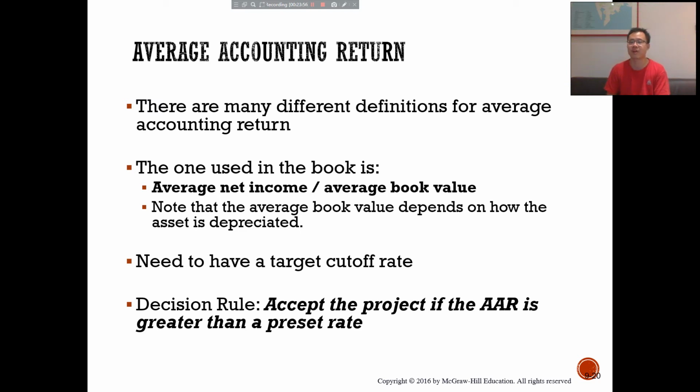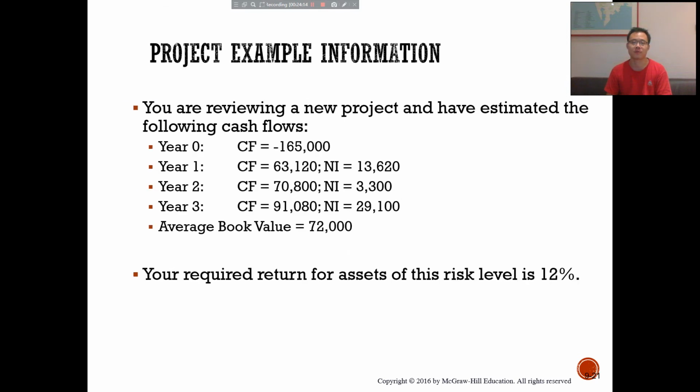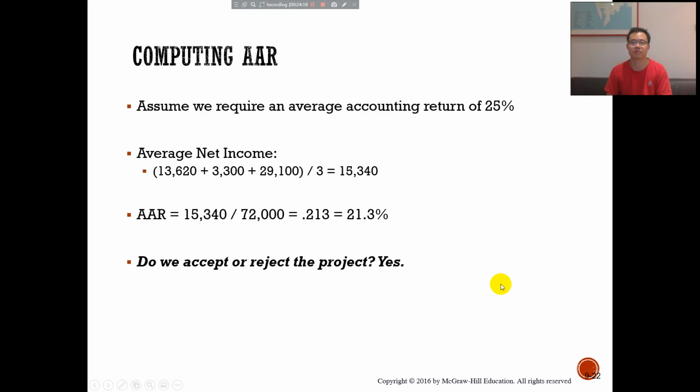Note that the average book value depends on how the asset is depreciated. And we also need to have a target cutoff rate. If the AAR that we calculate is greater than the preset cutoff rate, we accept the project and reject if it's lower. Still, we look at this example and we compute AAR.